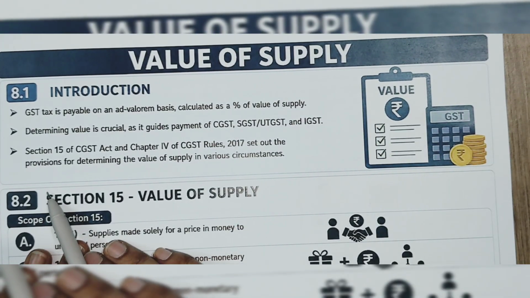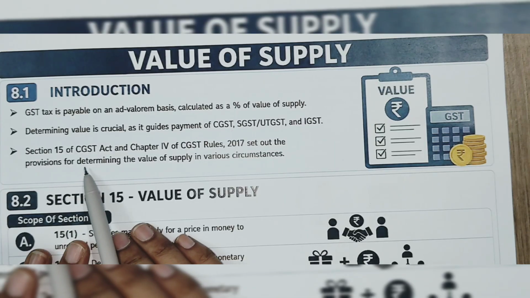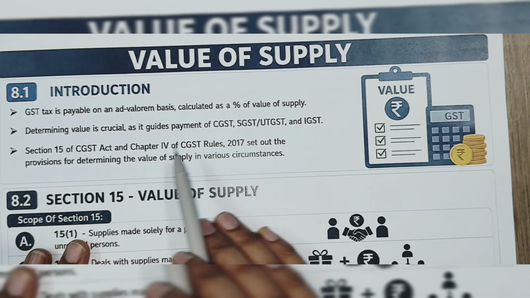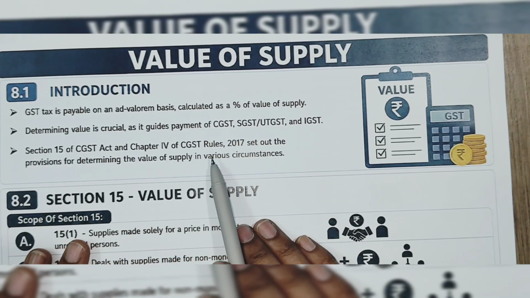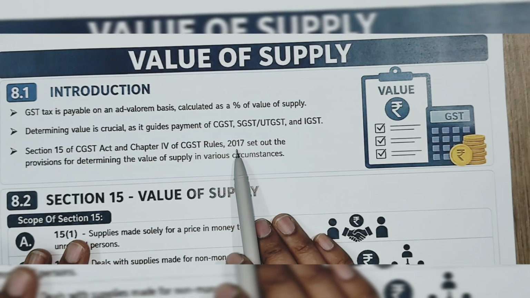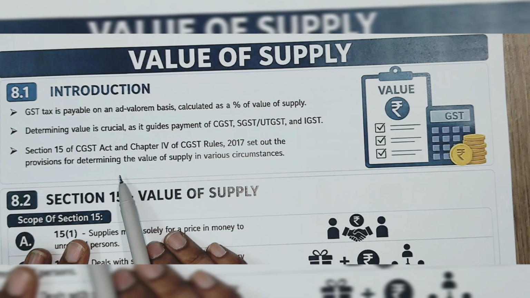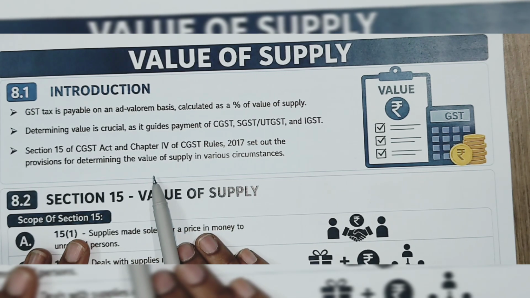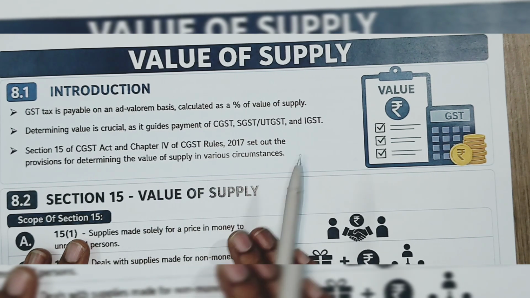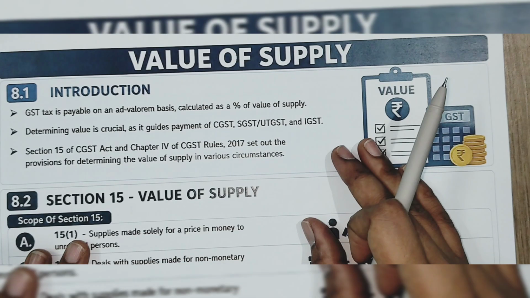Now, section 15 comes under the CGST Act, Chapter 4 of the CGST Rules 2017. This section guides us to find out the value of supply in the various circumstances.